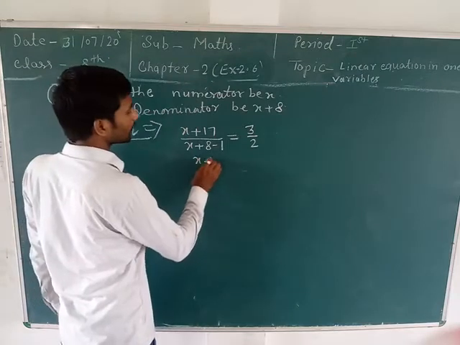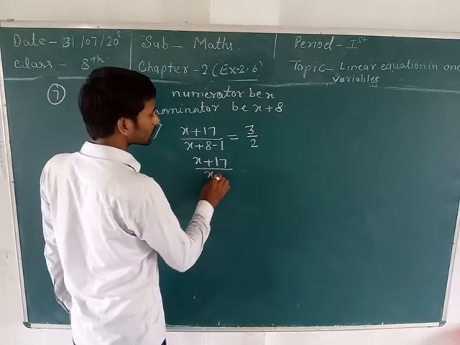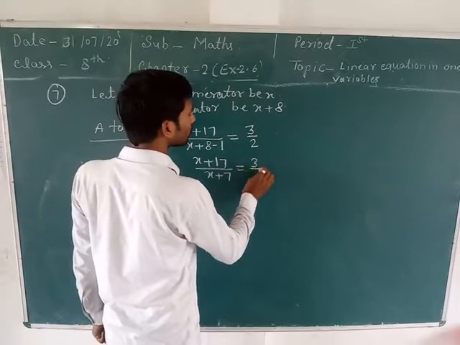Then (x plus 17) upon (x plus 7) equal to 3 upon 2.